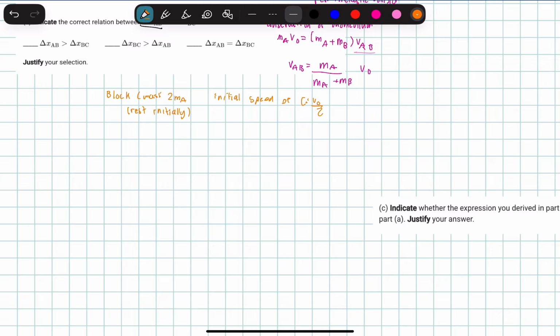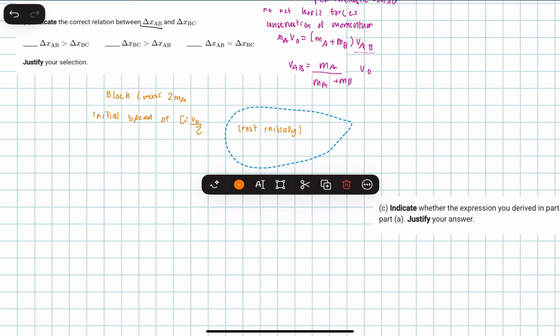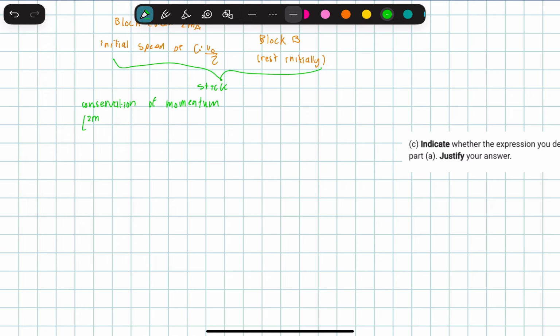After this, they stick together, so we can use conservation of momentum. 2MA times V initial divided by 2 equals 2MA plus MB times VBC, the velocity of B and C together.